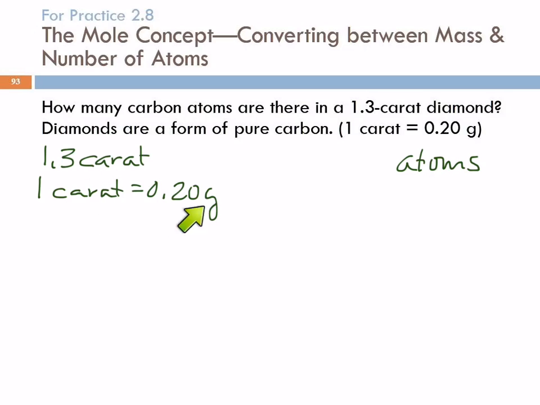This is an equality, and I could use that as a conversion factor. So I could go from carats to grams using this information that they gave me. And from grams, I could do what? I could go to moles. And then from moles to atoms. It's not the only way, but just following what they did in the book.